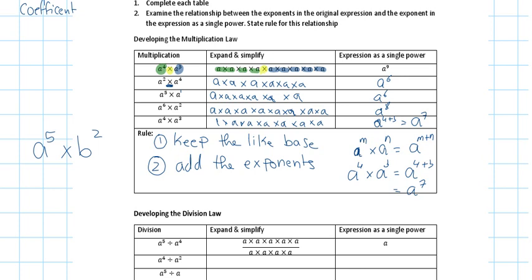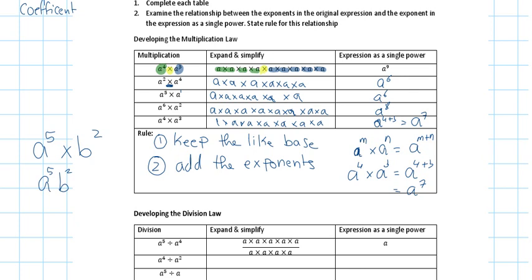It has to stay like this: a to the power of 5, b to the power of 2. You can't write it any other way. There's nothing you can do with this, because your bases are not the same. The base has to always be the same in order for you to be able to use the multiplication law.